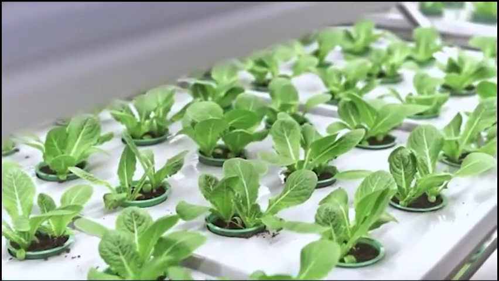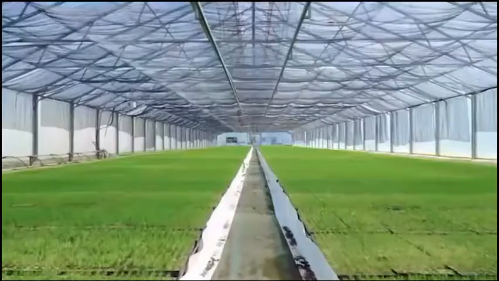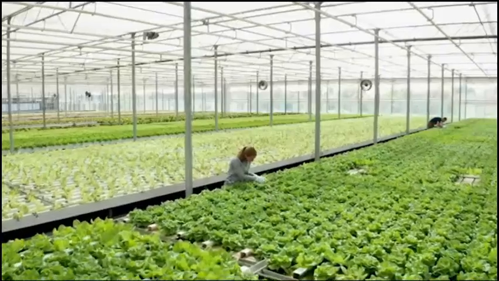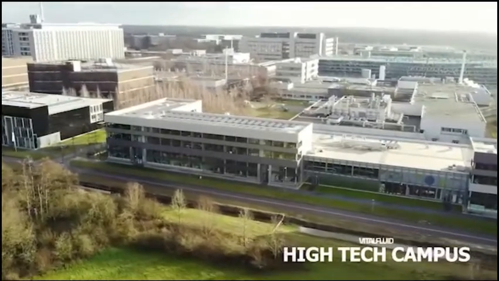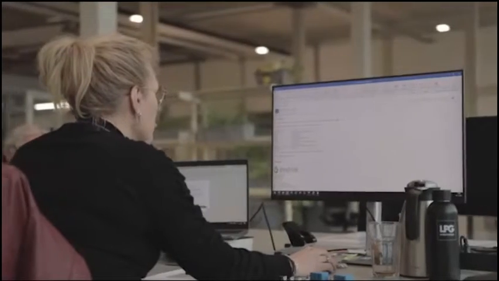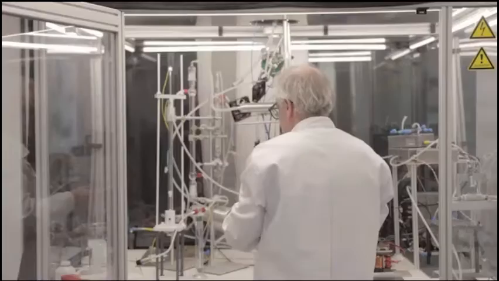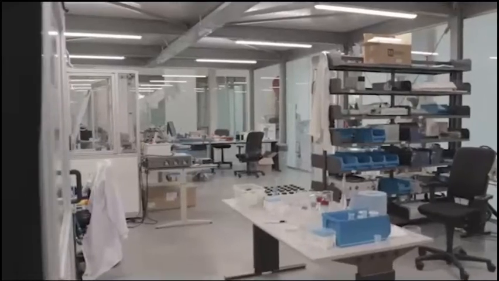The farmer needs about 10 millimoles per liter, depending on the crop type. So we provide a fertilizer solution that has 10 or 20 times that much nitrate in it.